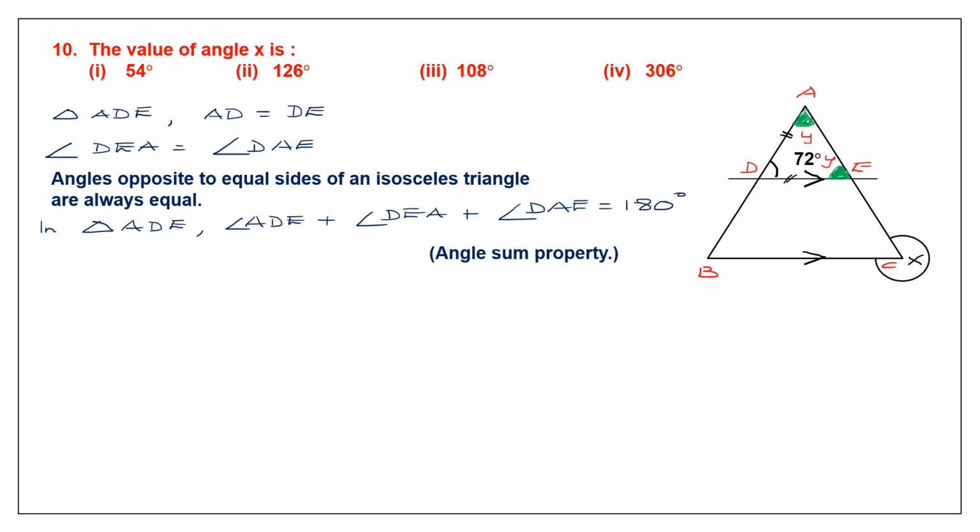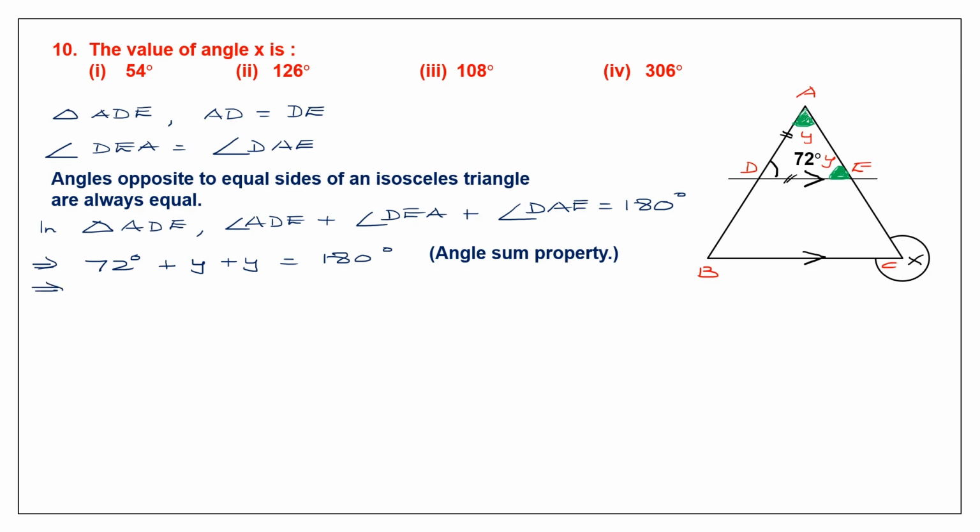And what is the property? Angle sum property. That is, the sum of angles of a triangle is equal to 180. Here let's substitute. So angle ADE is 72 degrees, and the other two angles are just Y plus Y, and that is equal to 180 degrees.